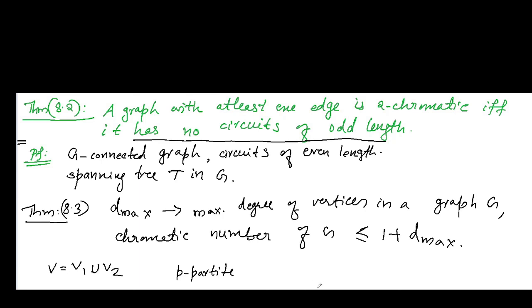Now a K chromatic graph is p-partite if and only if K is less than or equal to p.